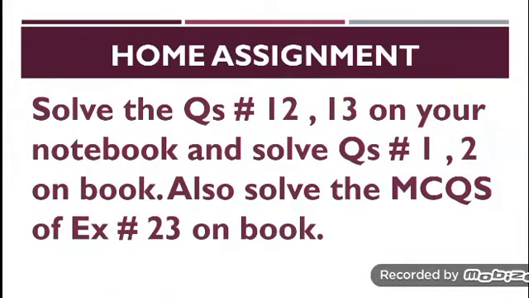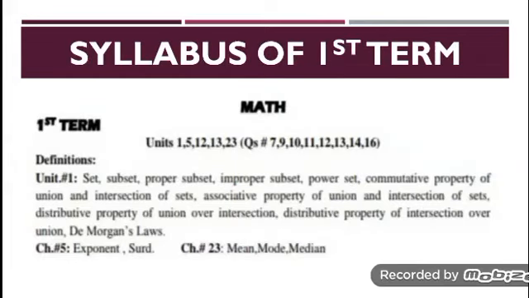Your home assignment is you will solve questions 12 and 13 in your notebook, and you will also solve questions 1 and 2 in the book. You will solve the MCQs of this exercise by yourself, and you will solve these MCQs in your book. So this was the last chapter of our first term, and our first term has been completed. Here is the syllabus of the first term for you.